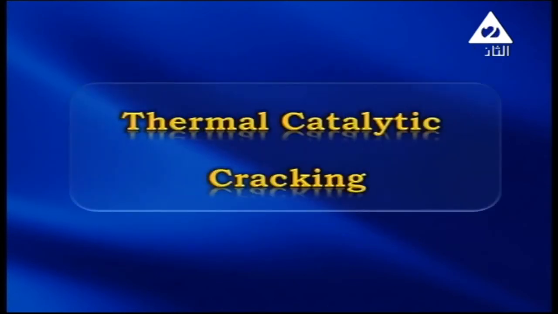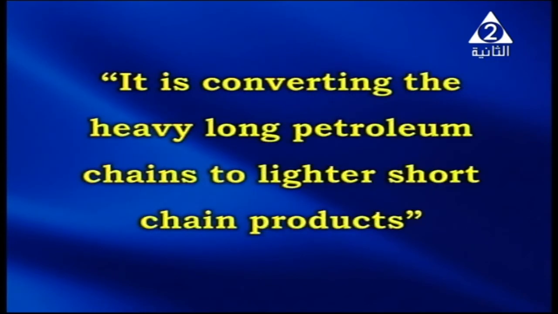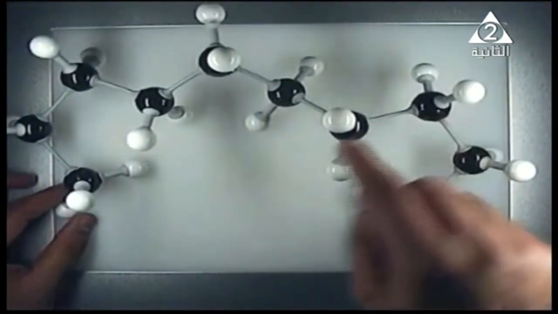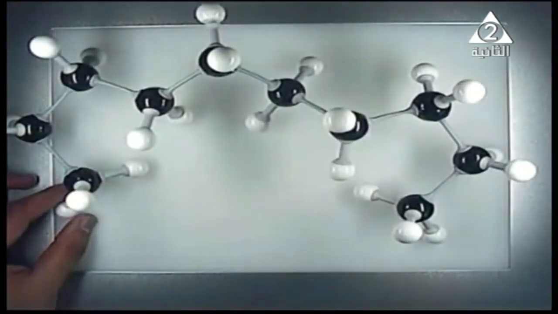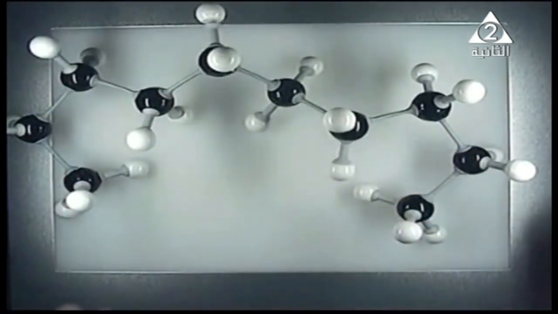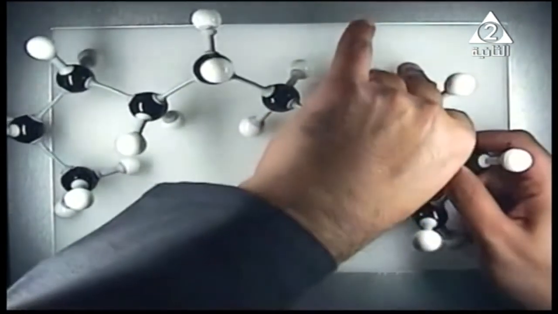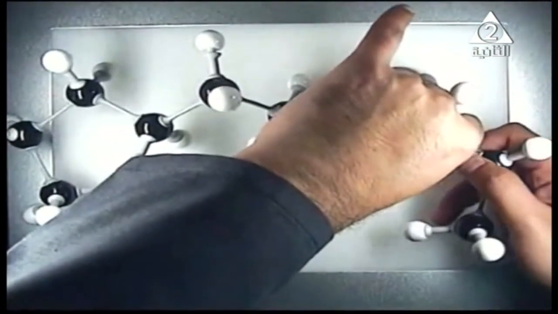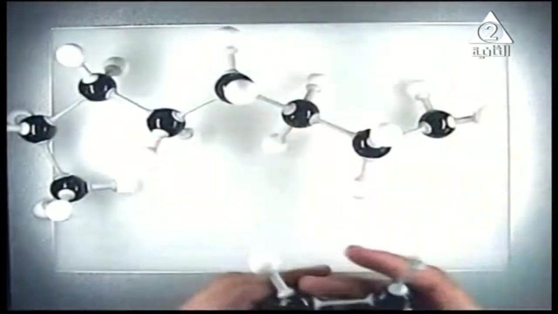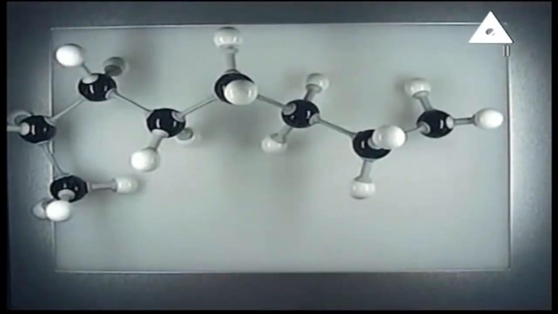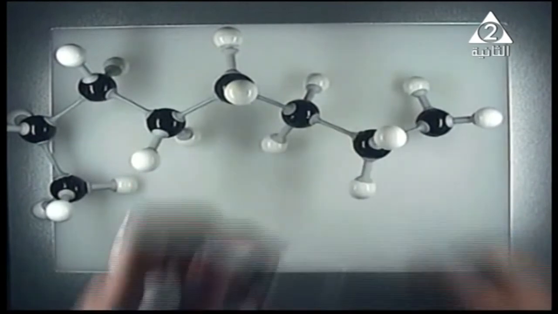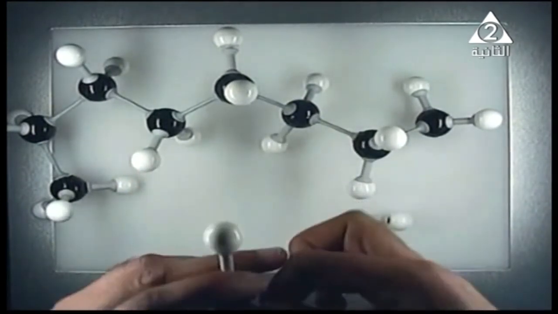Now, my dear students, we are going to discuss the thermal catalytic cracking process. It is converting heavy long-chain petroleum to lighter short-chain products. We use the long-chain petroleum product, where the carbon atoms are linked by single covalent bonds. In the presence of high temperature and pressure, this bond is broken, forming two molecules with short-chain carbon atoms, as shown on the screen.